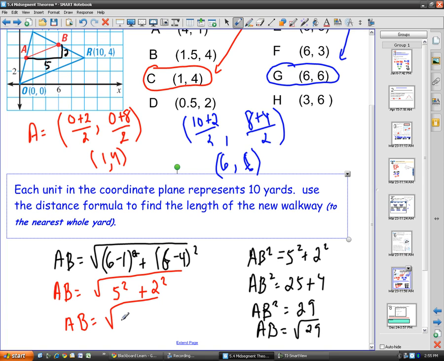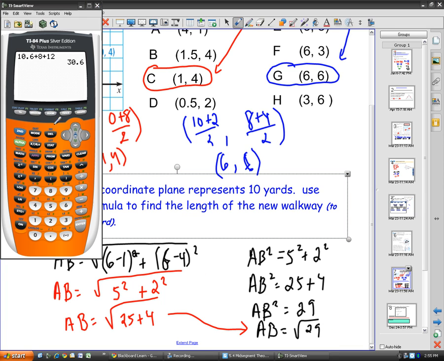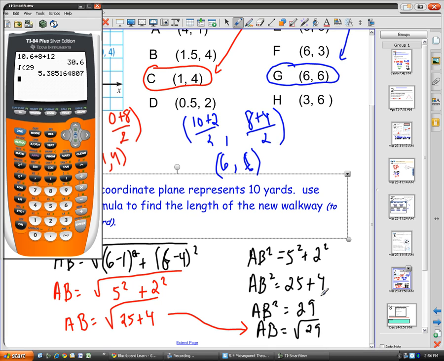So that means the square root of 29. I would have to come up with approximately what that is on a calculator. So let me see if I have my calculator here. The square root of 29 is 5.38. So 5.38 is the length of that line.